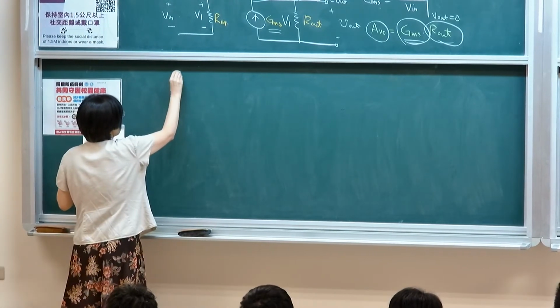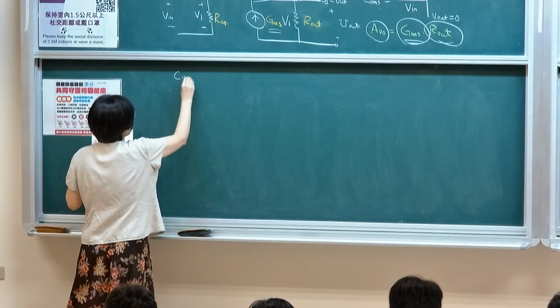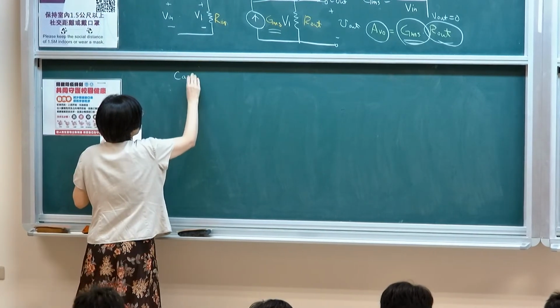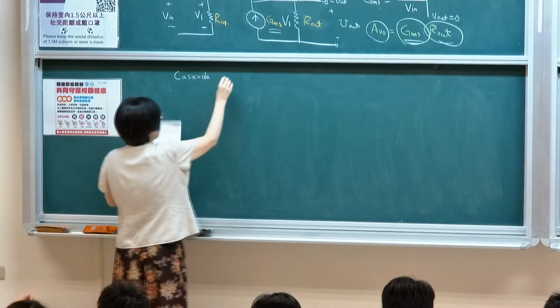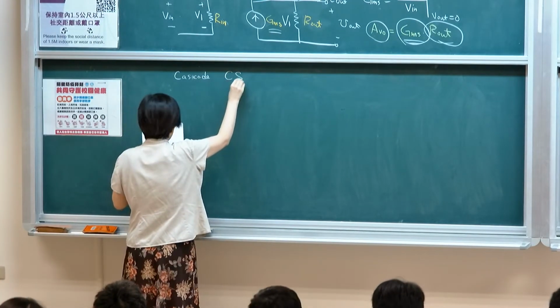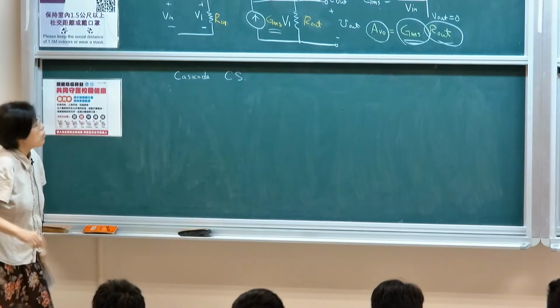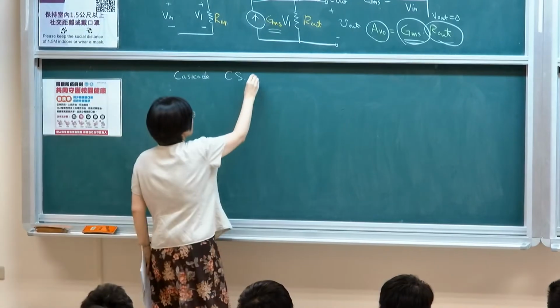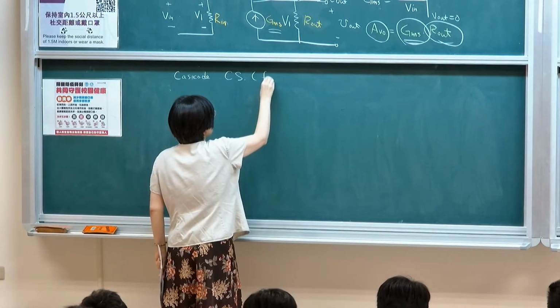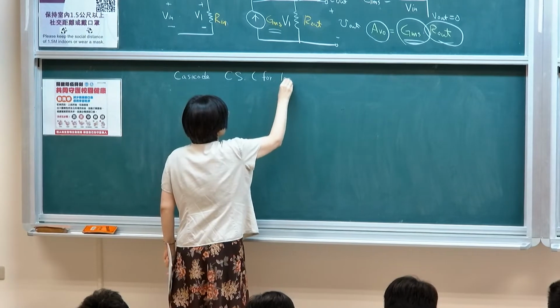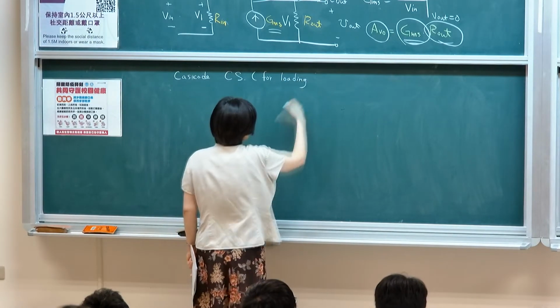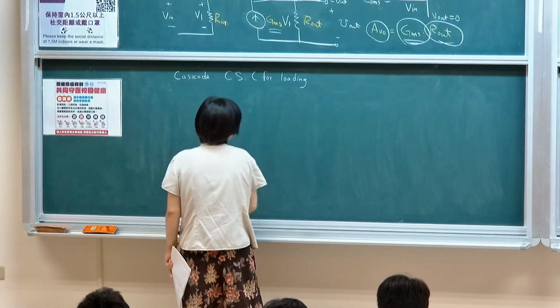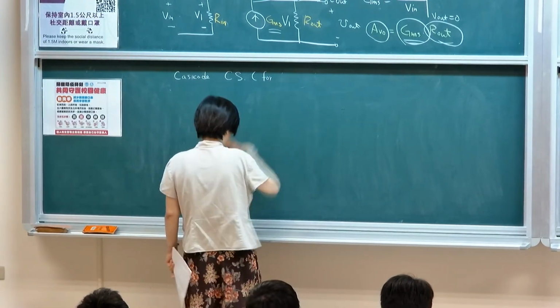If you want to deliver a cascode current source, depending on whether it's for loading, or I should say for pulling up or down.